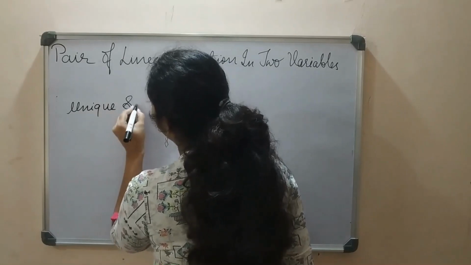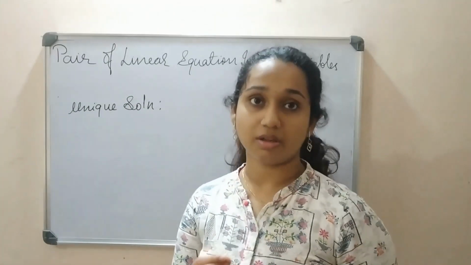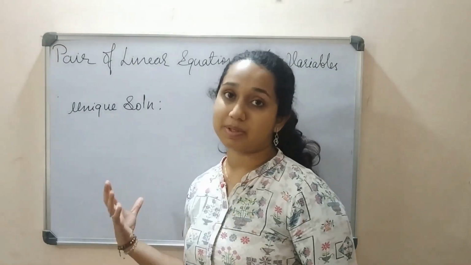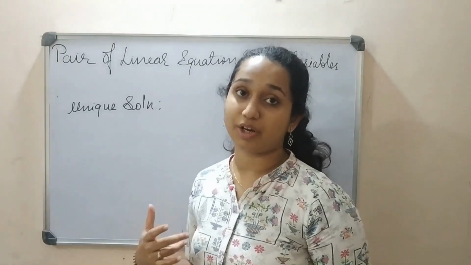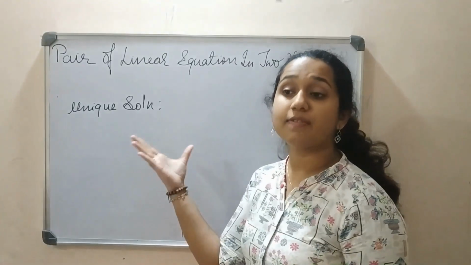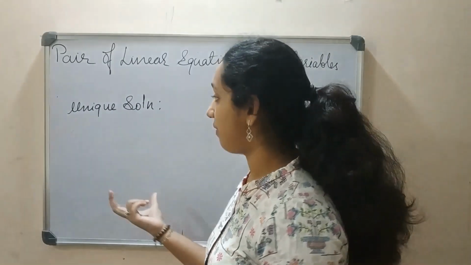If I want to represent it graphically, because graphical representation is also very important. Whenever we take a linear equation, we try to represent it in graphical form and then get the solutions. Whenever I take two linear equations and get a unique solution, how will the lines look on a graph sheet?